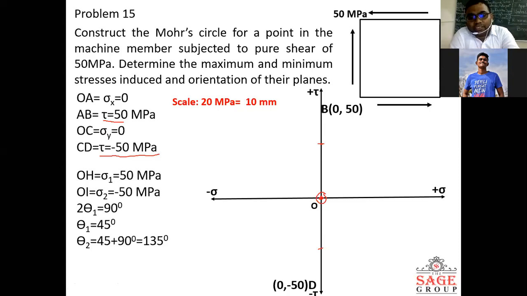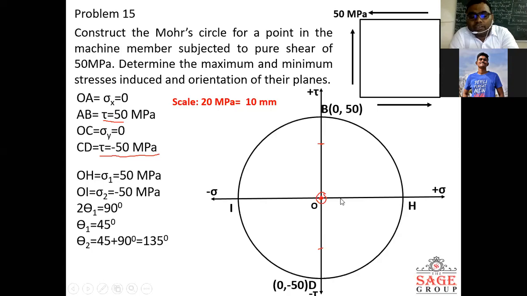The next step is to draw the Mohr circle by taking BD as the diameter, or OB or OD as the radius of this circle.